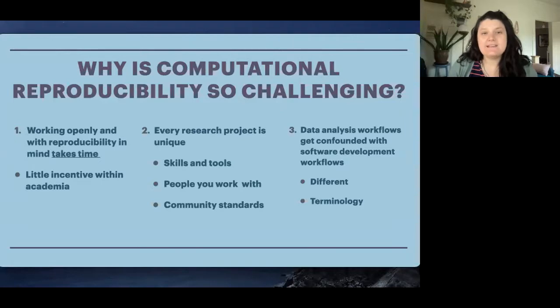And lastly, data analysis workflows get confounded with a lot of software development workflows. So while you borrow a lot from computer science and software development, these are very different workflows.